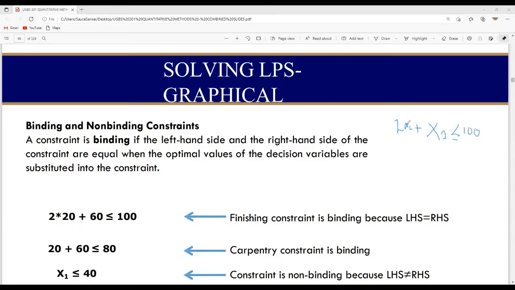And we are saying after getting your answers, you are going to check whether the constraints were binding or not. Do you get it? So we are going to substitute the value of x1 and s2 into the finishing.